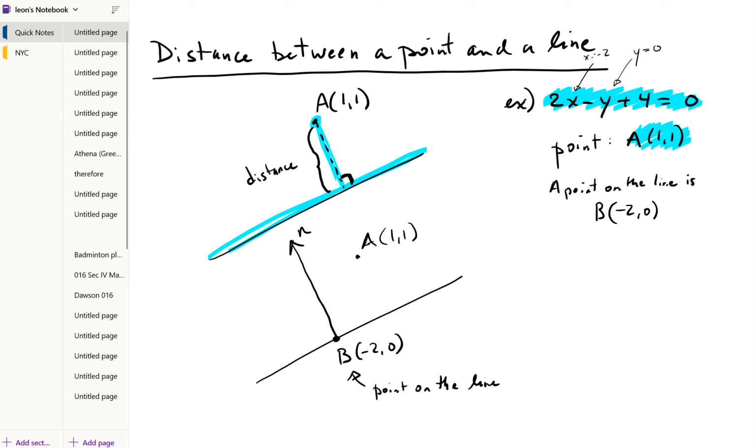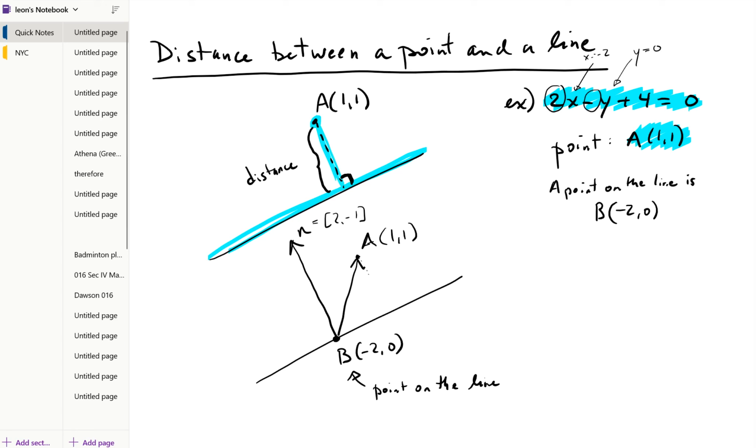That's easy to obtain if I just look at the coefficients of x and y. So in our case here, n would be 2, negative 1. Okay. And what I'm going to do is join B with A to form a vector.